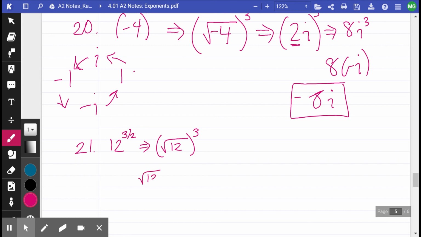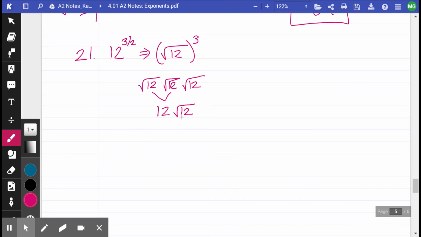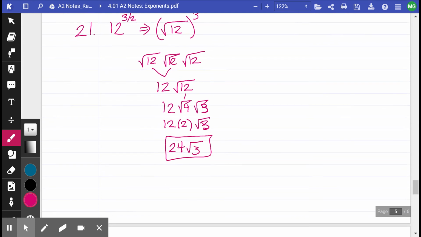So really this is like saying rad 12 times rad 12 times rad 12. Well, I know that rad 12 times rad 12 gives me 12. But now this is not in simplest radical form. So I'm going to break up rad 12 into the square root of 4 and the square root of 3. And I'll bring this down. So now the square root of 4 is 2. So I have 12 times 2 times rad 3, which will give us 24 radical 3.